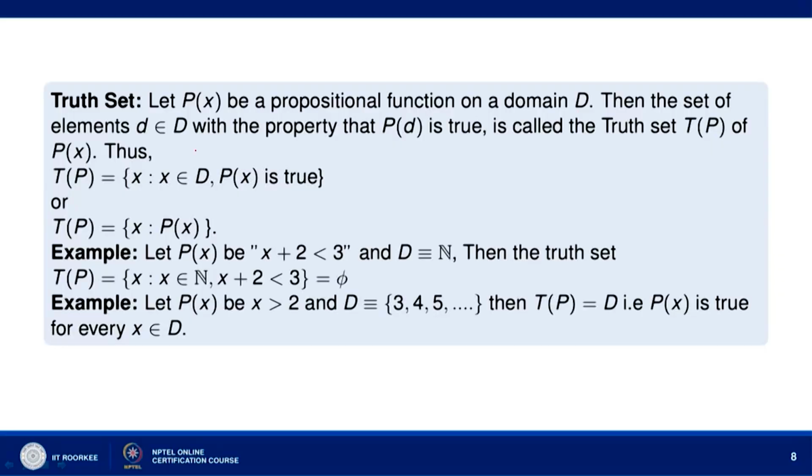Let us define a truth set. Let P(x) be a propositional function on a domain D, then the set of elements d belonging to D with the property that P(d) is true is called the truth set T_P of P(x).